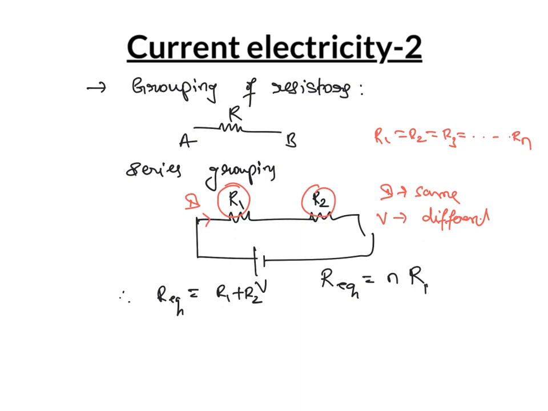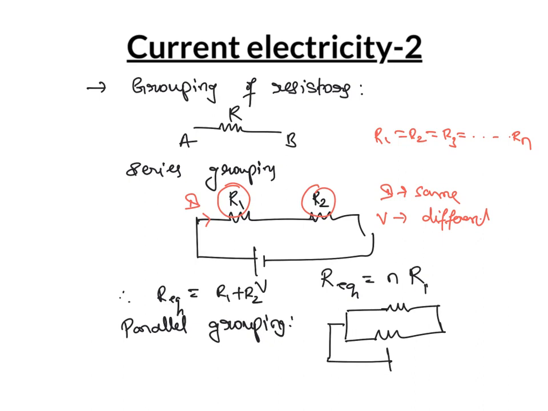The next connection is the parallel grouping. Here it would be like this. Here is a potential difference V, and this is R1 and this is R2.